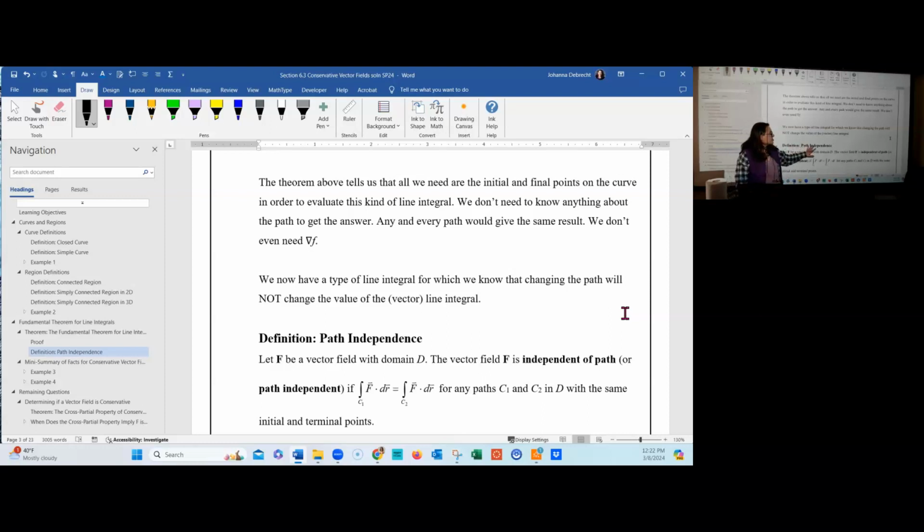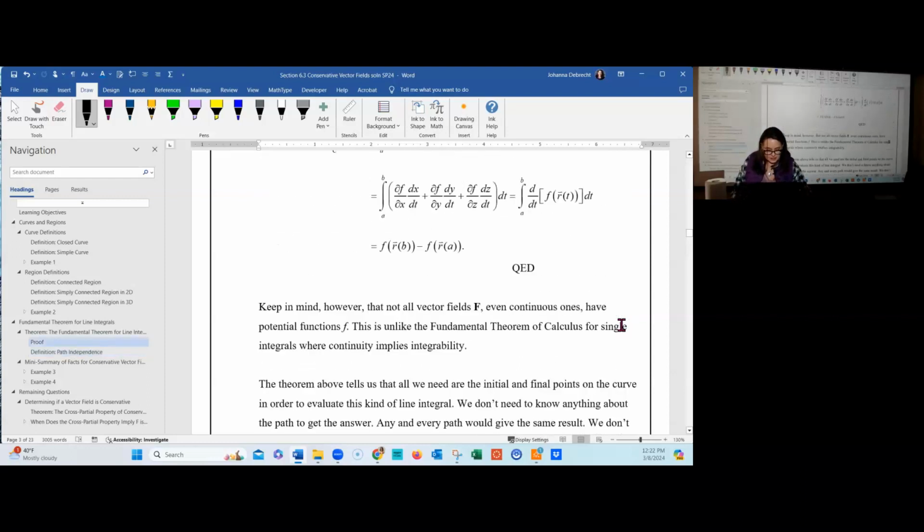Let's now talk about something else, something called path independence. What we've just discovered is that we have a type of line integral for which we know that changing the path will not change the value of the vector line integral. In the fundamental theorem, notice that this applies as long as the beginning and ending place puts us in the same location.